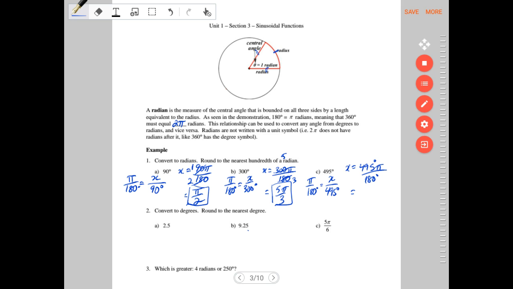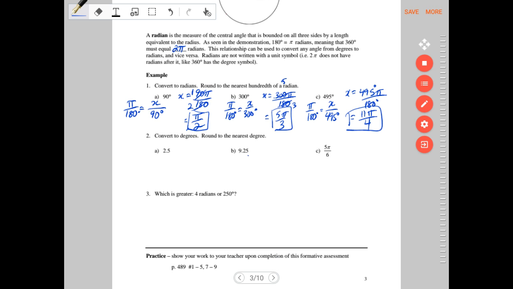So 45 goes into 495 11 times, and 45 goes into 180 4 times. You can type that into your calculator if you want to make it into an angle with decimal places, but you end up having to round. 11 pi over 4 is exact, so it's lovely. Leave it alone.